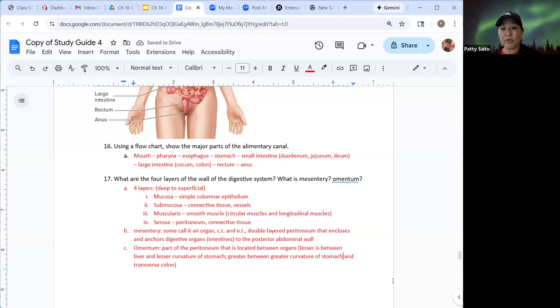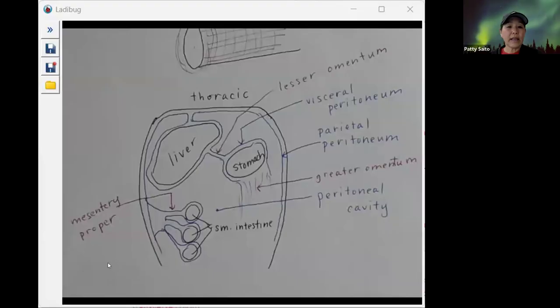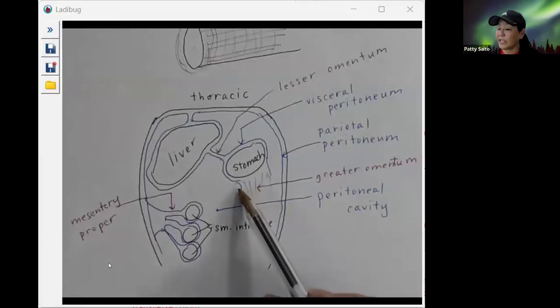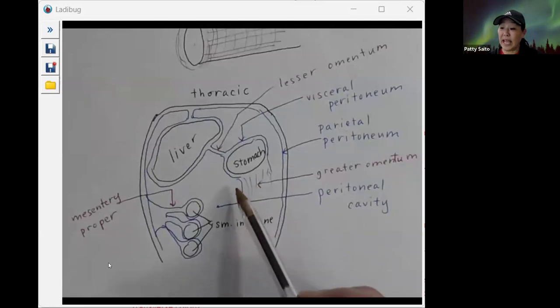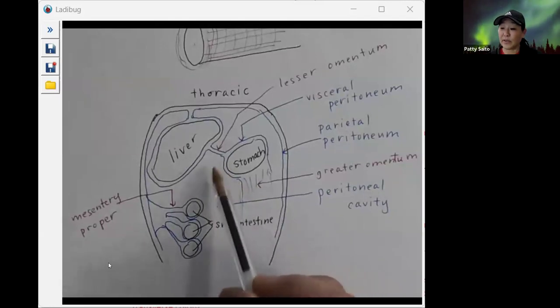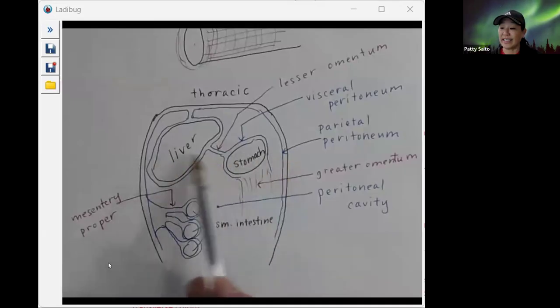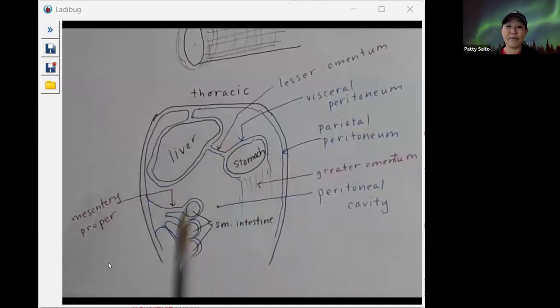Because when I did that picture, if we go back to this, I didn't show you where this ended. So this actually comes down like a big skirt and then goes up again and attaches to the transverse colon that's going across. All right, so it comes down and up. So those are the attachment points for the greater omentum.